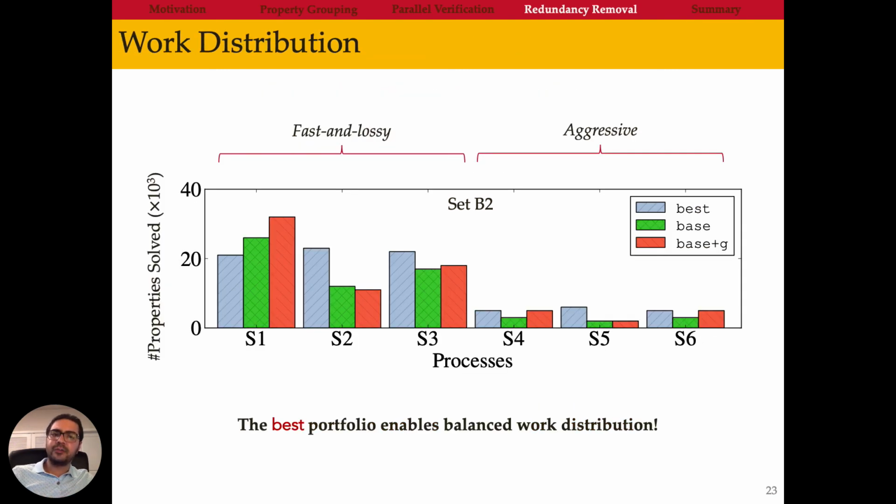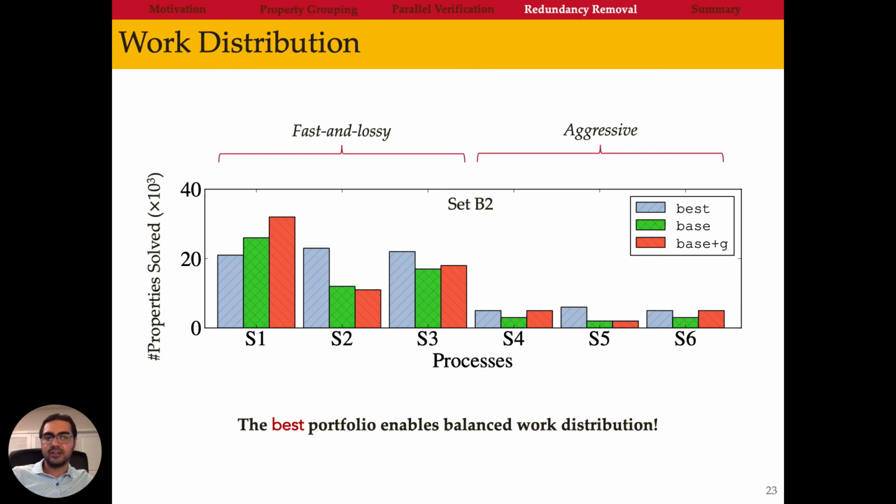Now, coming to our results, the best portfolio is successful in optimally balancing work distribution across parallel processes. The three fast and lossy processes solve almost equal number of properties, and so do the three aggressive processes. Due to the uniform work distribution between fast and lossy processes, the aggressive processes can focus on the hardest properties, while the fast and lossy processes chip away at easier properties.